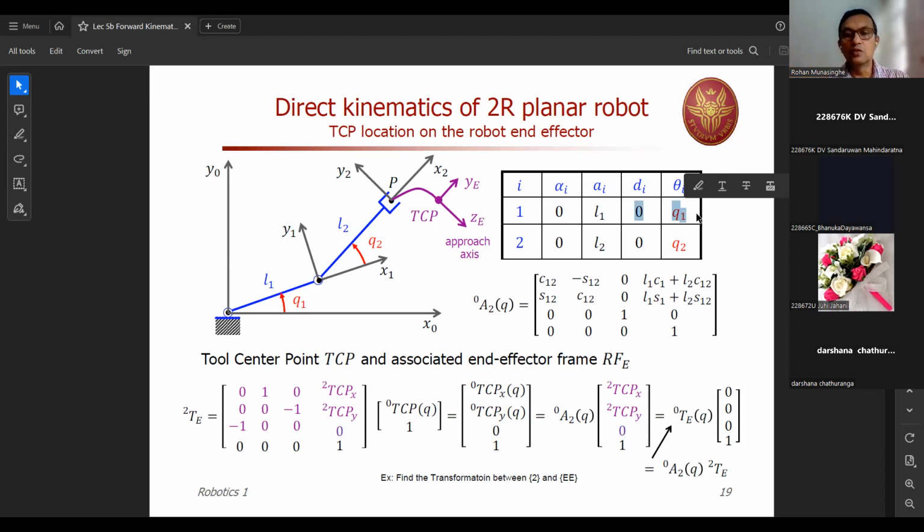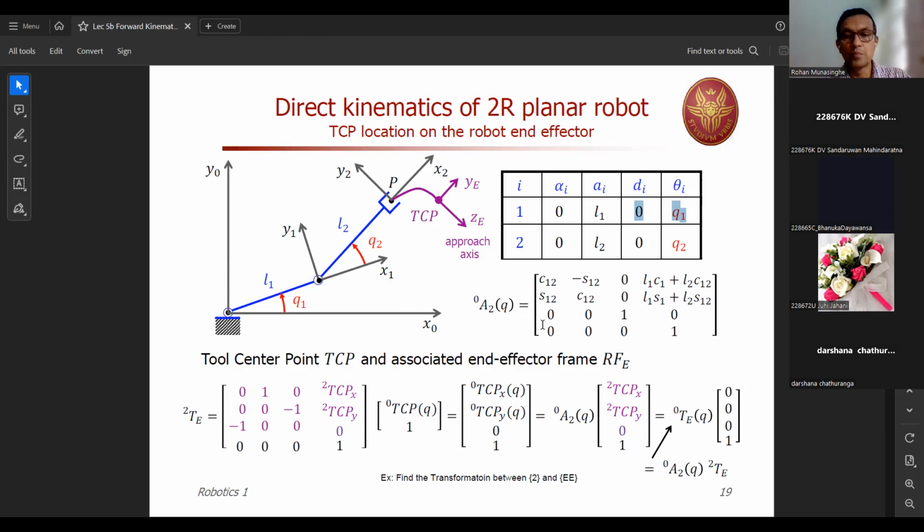Take d and theta first, either way you want. You can have the rotation first, translation next, or the other way around, because it's a screw operation, the rotation and displacement with respect to the same axis. So theta and d you can take together, alpha and a you can take together, and make sure you multiply the d theta operation with the a alpha operation. Okay, all right, fine.